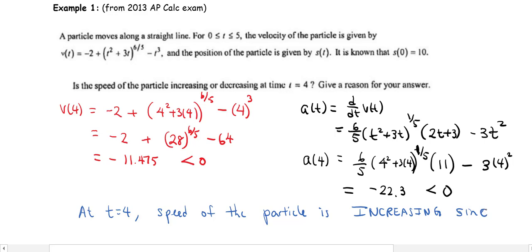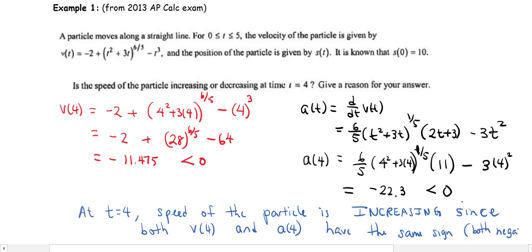Since both the velocity at 4 and the acceleration at 4 have the same sign. And if you'll be specific, both negative.